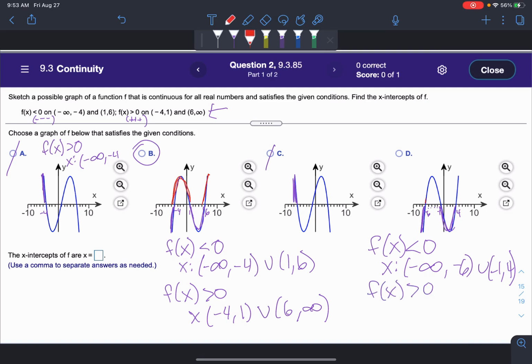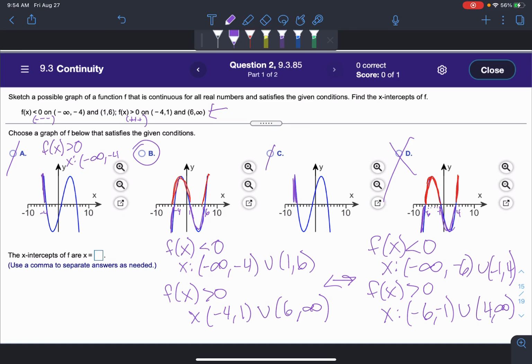So we have this piece between x equals -6 and -1, and then 4 to infinity. So that looks like -6 to -1 and 4 to infinity. So notice how these two are different and how this one does not match what we were given. So that's why B is our answer.